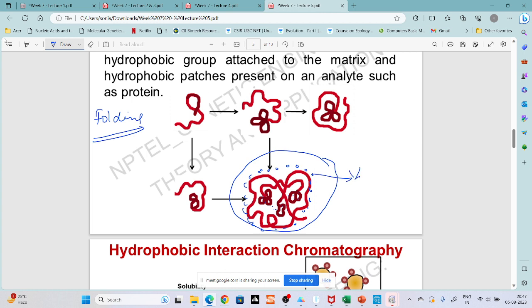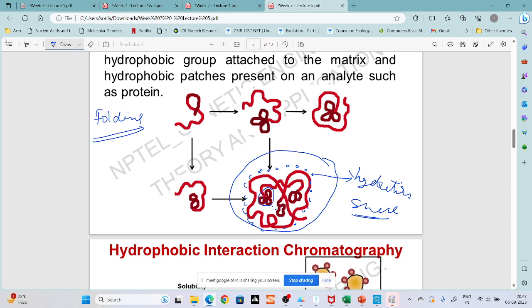This forms a kind of shell of water molecules around the protein, which is known as the hydration shell. When we talk about hydrophobic interaction chromatography, we exploit the hydrophobic amino acids.